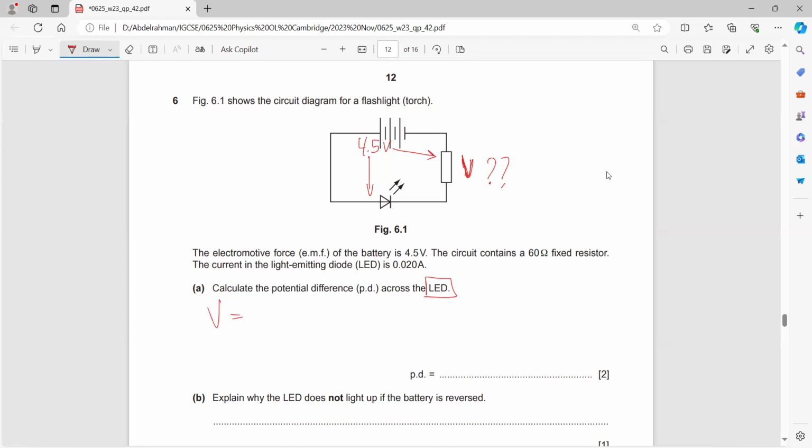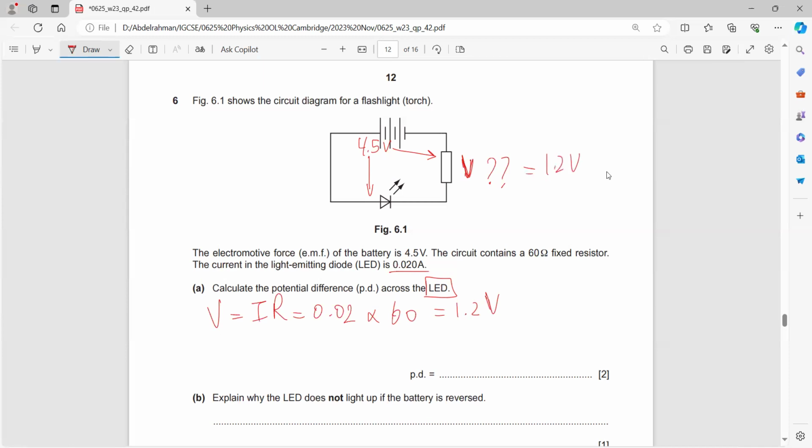V equals I times R. What's I? 0.2. What's R? 60. V equals IR, it would be 1.2 volts. This was the voltage of the fixed resistor.